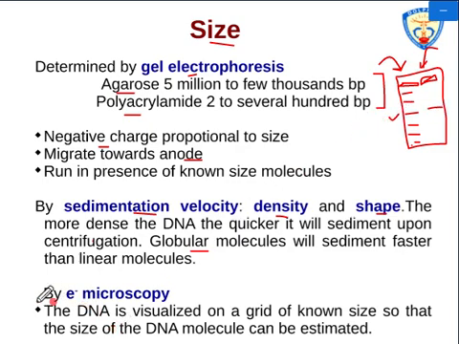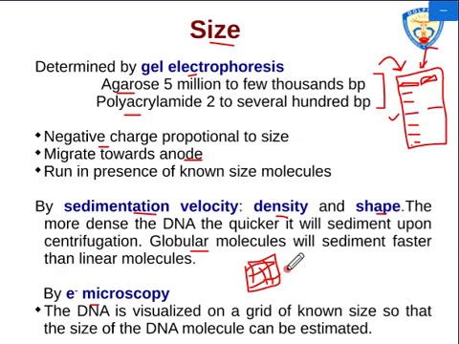Another method by which we can find out the size of nucleic acid molecules is electron microscopy. By electron microscopy, DNA is visualized on a grid. There are grids like this, and these grids are of known sizes, and the size of the DNA molecule can be estimated by comparing it to the size of the grid.